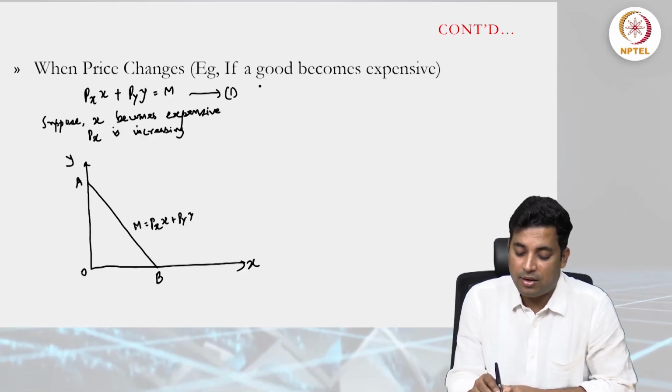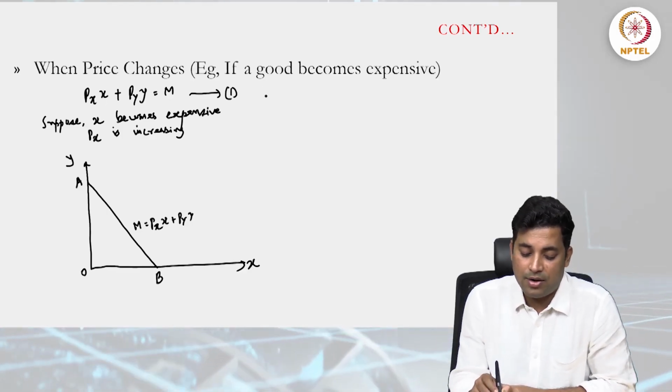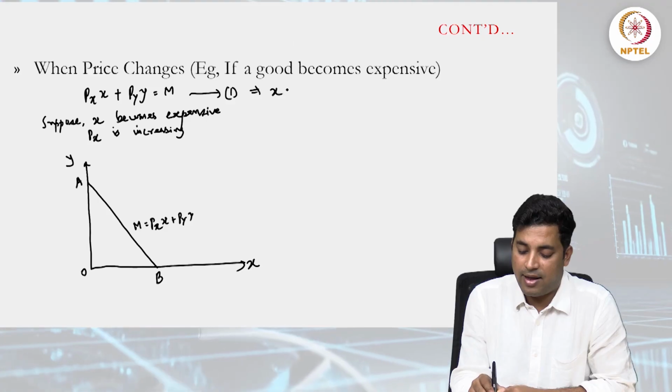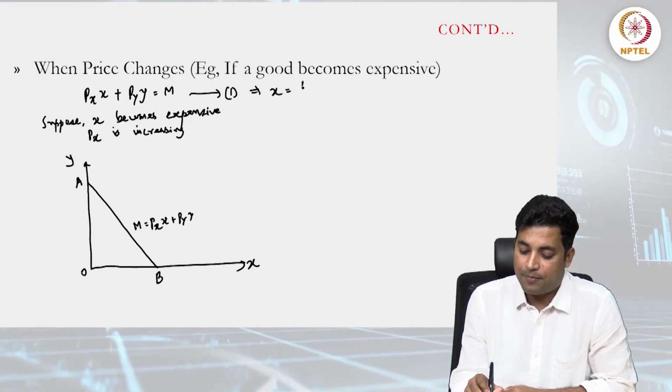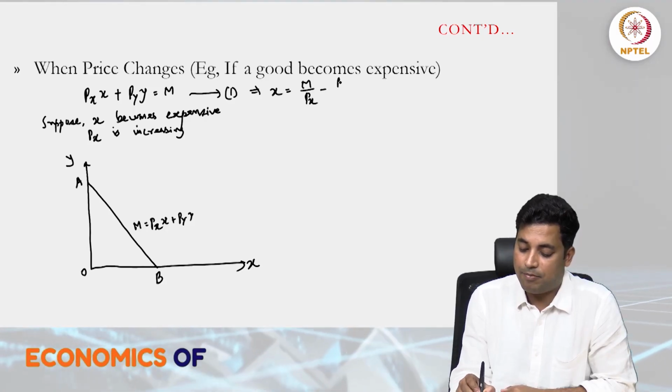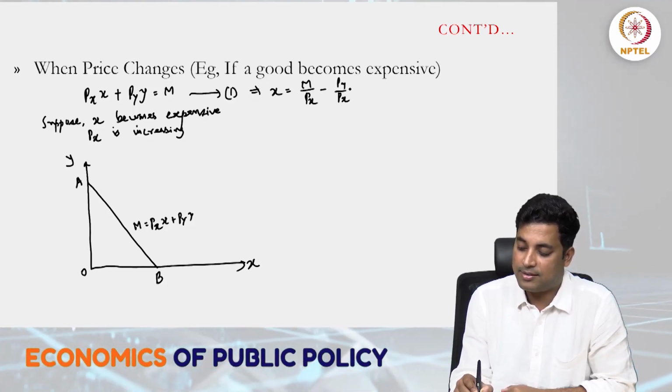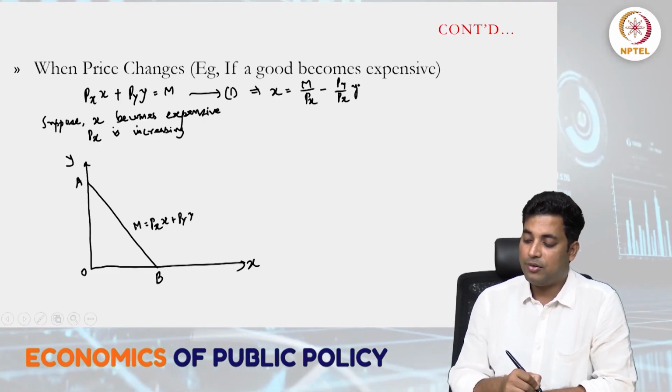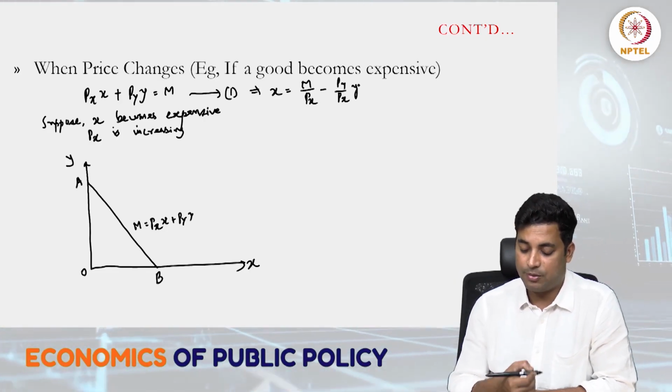Like from equation 1, one can also write x equals to M by Px minus Py by Px y, right? So one can also write this way.